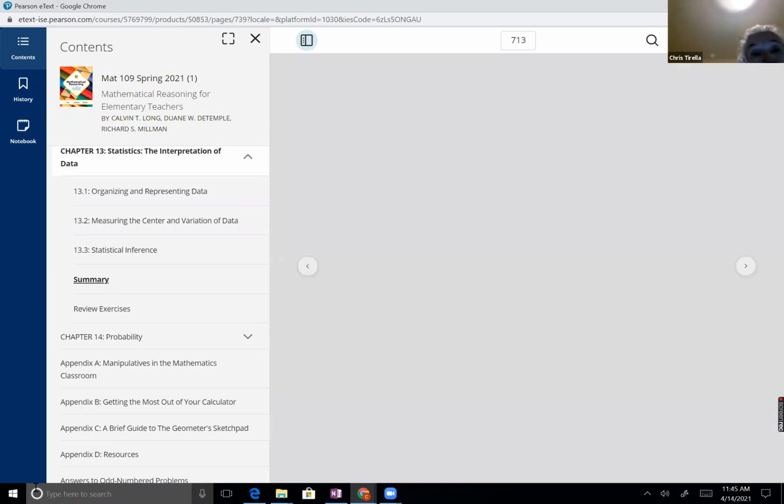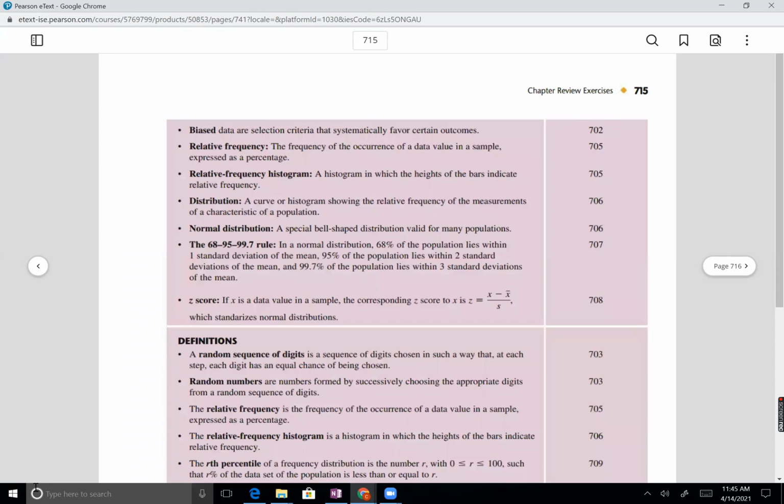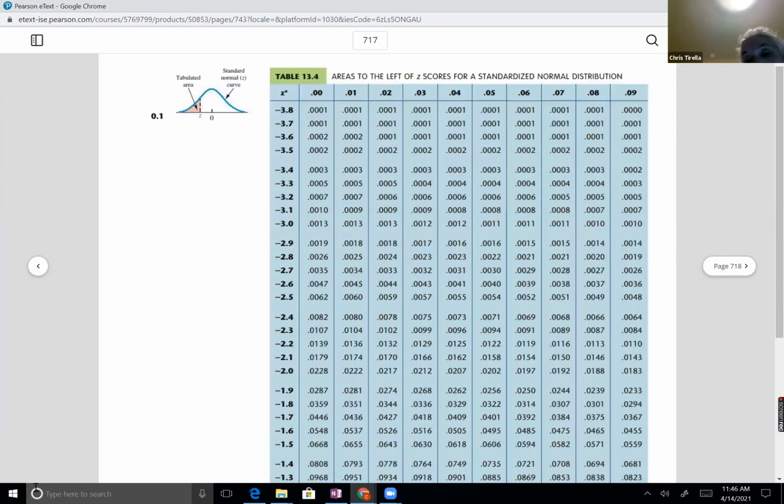I should have looked up in my textbook and written down the page number. So here we have the negative half of the table on page 718.